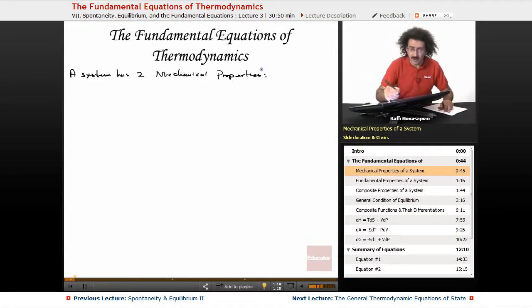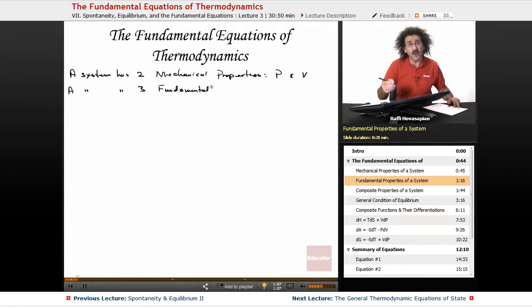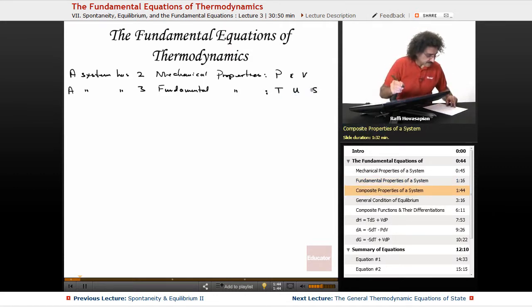They are the pressure and the volume, so P and V. A system has three fundamental properties, and these fundamental properties correlate to the laws of thermodynamics, the zeroth law, the first law, and the second law. So they are, of course, the temperature, the energy, and the entropy. Zeroth law, first law, second law. These are the fundamental properties.